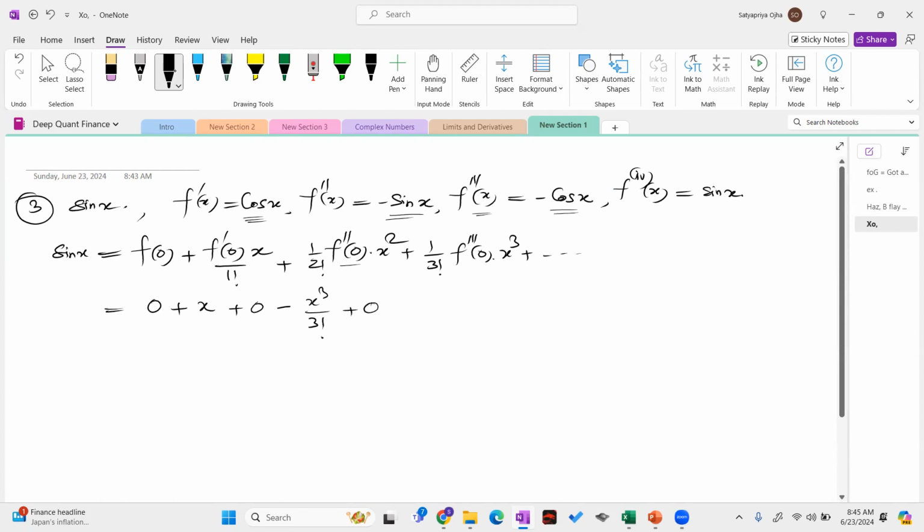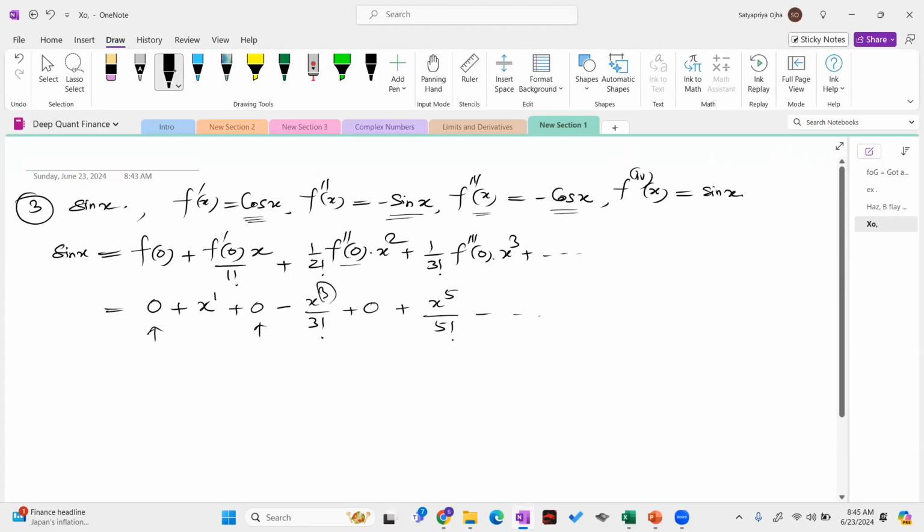So it'll alternate. Every alternate term is 0, and then you retain the odd powers. X to the power 1 will be there. X to the power 3 would be there with alternating signs. So x to the power 5 will come. I leave the expansion for cos x to you.